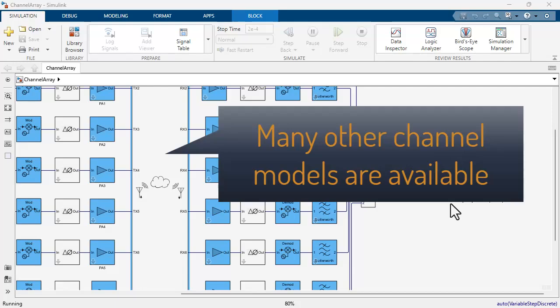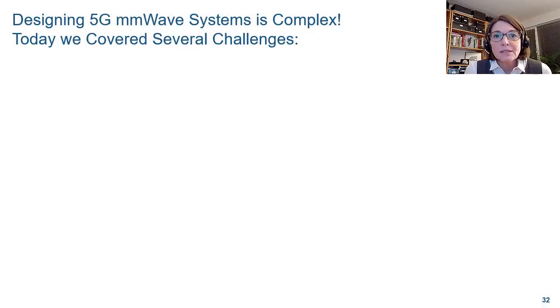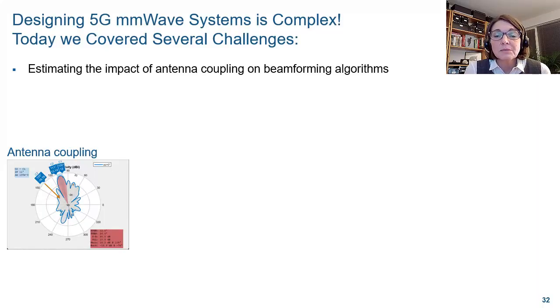Before I wrap up with the conclusion, I would also like to point out that ray tracing is not the only way to model a channel, and that in MATLAB you find many other channels, statistical and standard compliant, if you would like to use a different representation for the propagation effects. Summarizing, today we have seen a lot. We started with antenna arrays and saw the impact of coupling on beamforming algorithms.